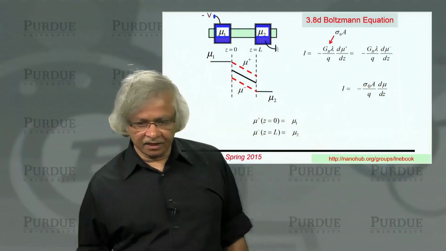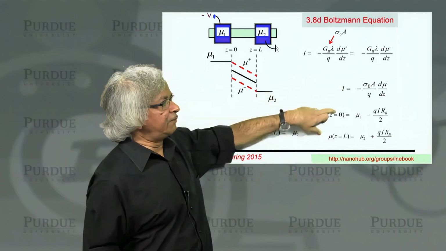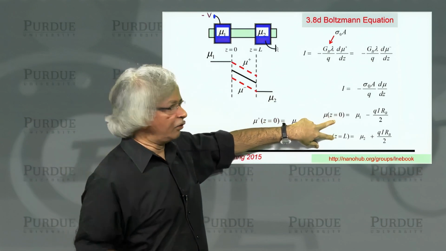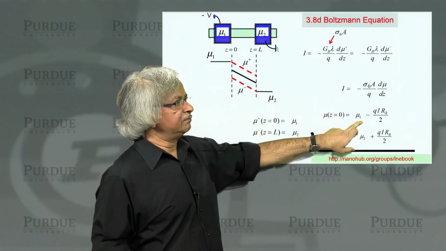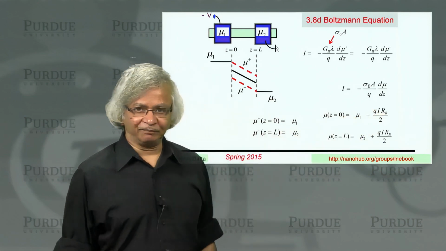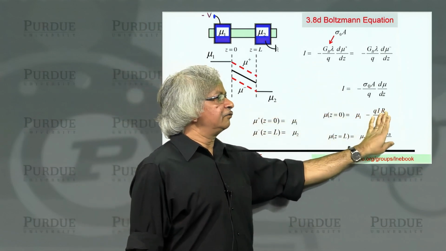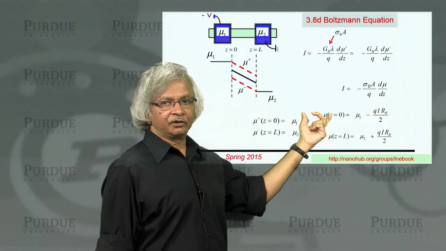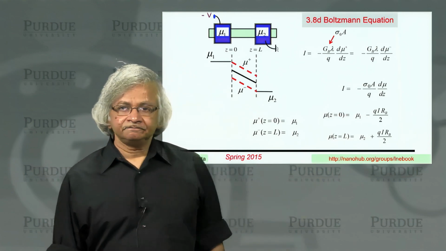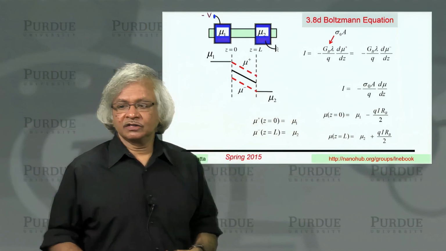And as we discussed earlier in this unit, you could solve this equation, but with the boundary conditions that we discussed, I think it was back in lecture 3 or 4, that mu is equal to mu1 minus q I R_B over 2. That was the new boundary condition. That is, what people tend to do is solve that equation but forgetting the second term. And so they tend to put mu equal to mu1 on the left and mu2 on the right.